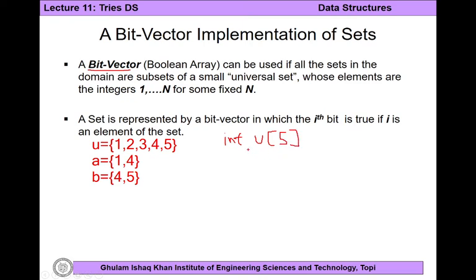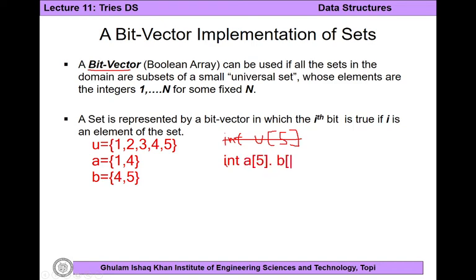Now this is the set which will represent the universal set, but since we know the size of the universal set, the intelligent approach will be not to declare this set. Instead, we can declare an array named A of size 5.